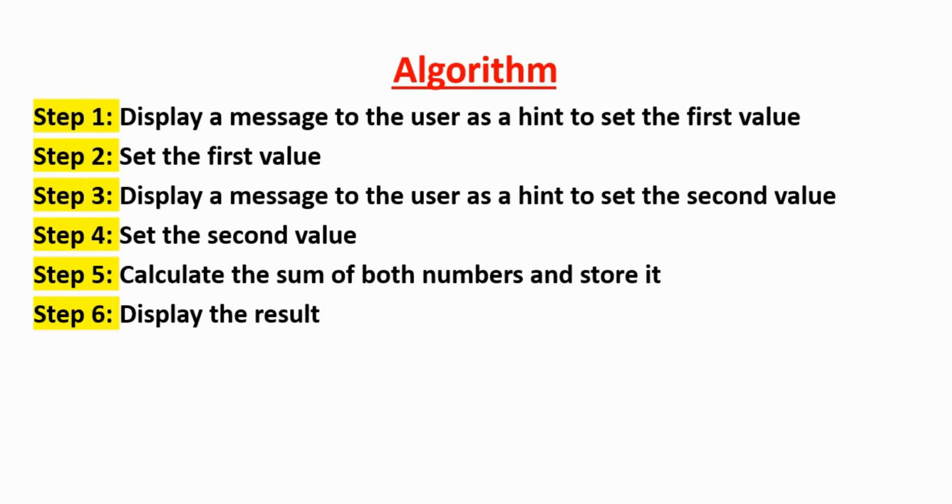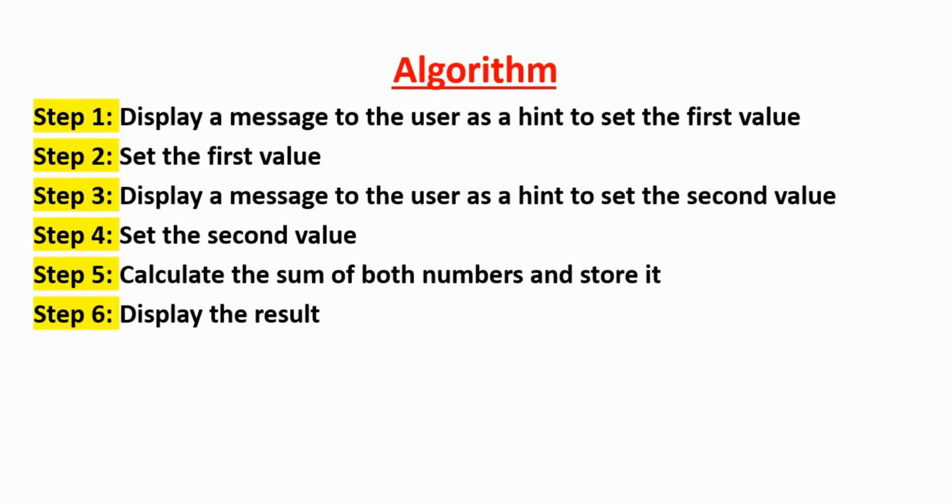First step is to display a message to the user as a hint to set the first value, because we want to tell the user, for example, please set the first number. And step 2, which is the one we work on today, is how to set the first value. And this is the part we are going to work on today.